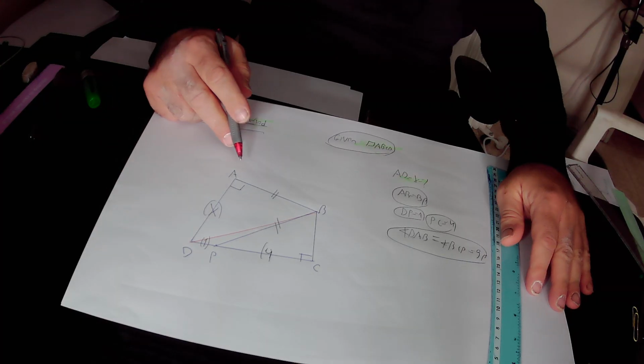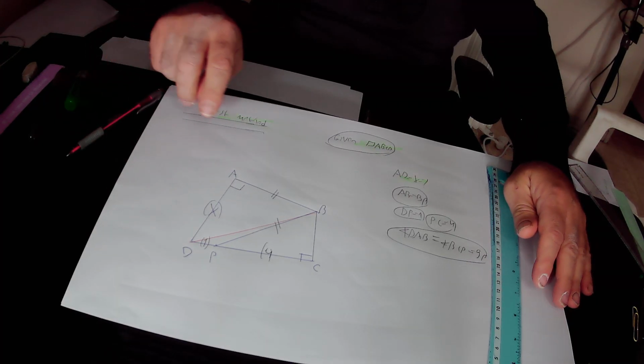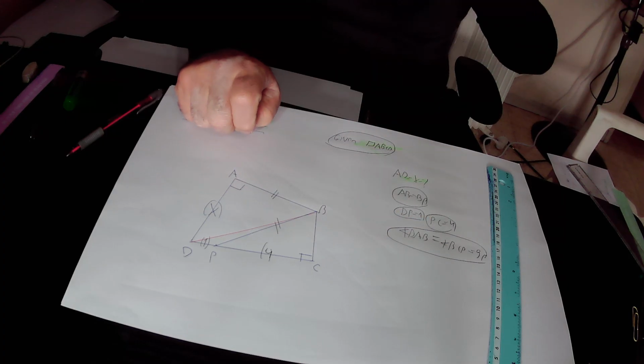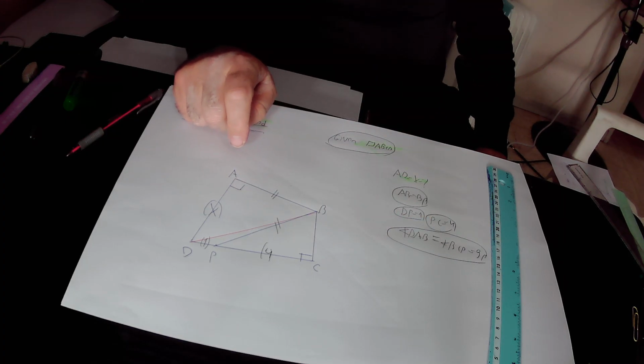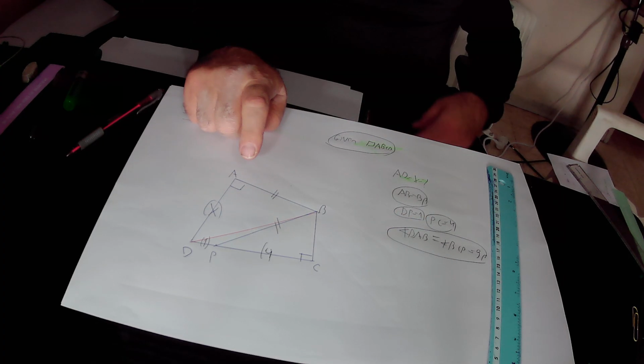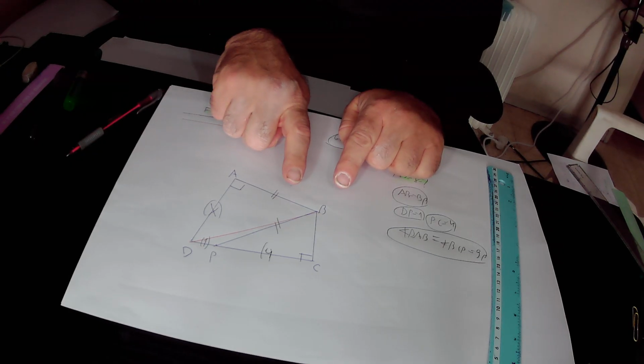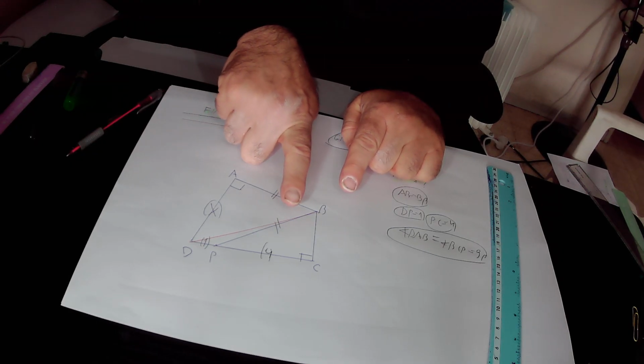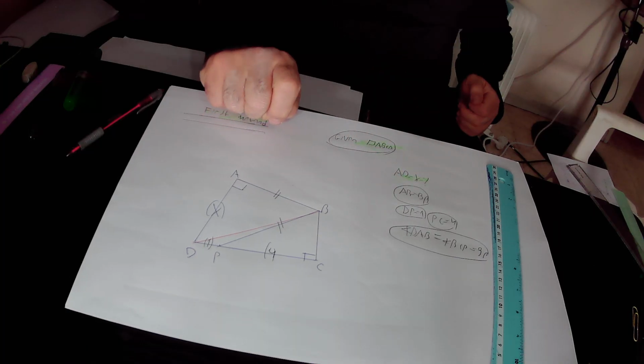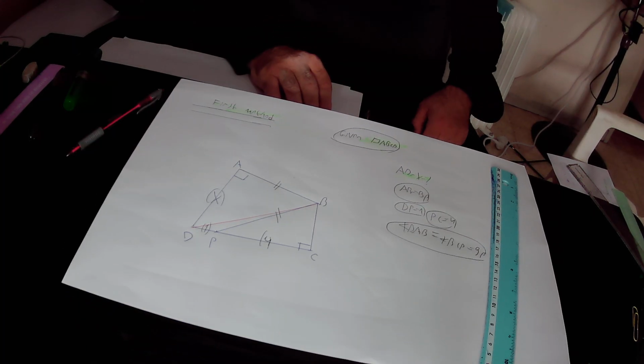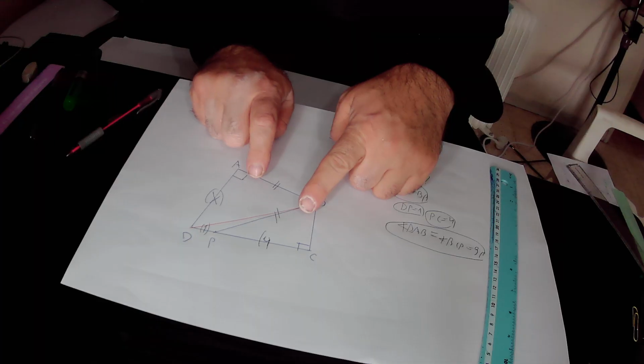By joining points B and D, we divide this quadrangle ABCD into two parts. The first part is the upper right triangle ABD, and the second part is the lower right triangle, triangle BDC. In the next step, we will implement the Pythagoras theorem on both of these right triangles.